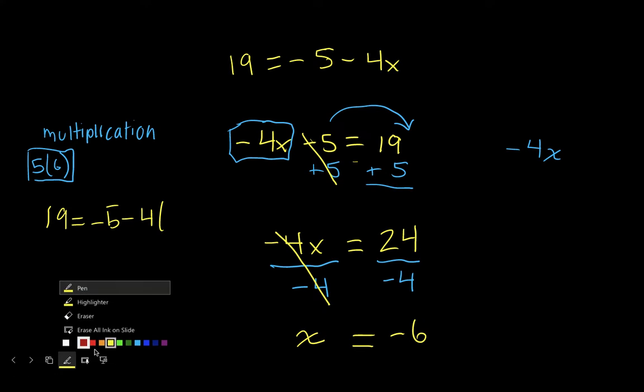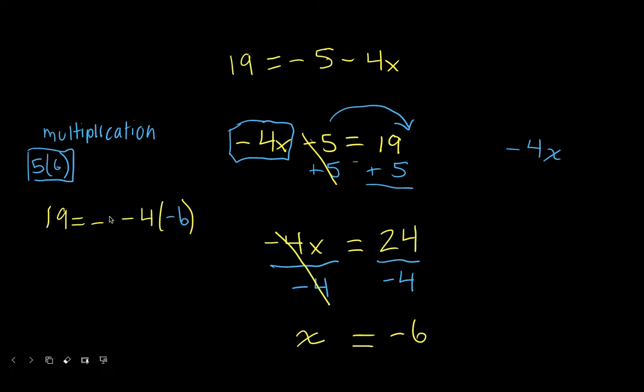Let's insert that negative 6. I'm going to insert in blue. This time, we're going to use order of operations since we have no variables, of course. So negative 4 times negative 6, that's positive 24. Negative 5 plus 24 is equal to 19.